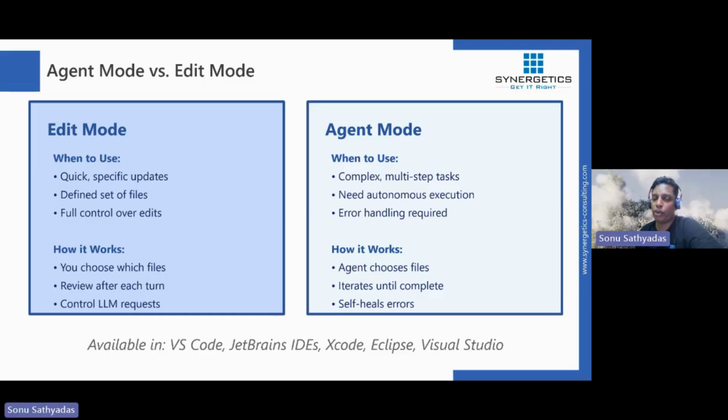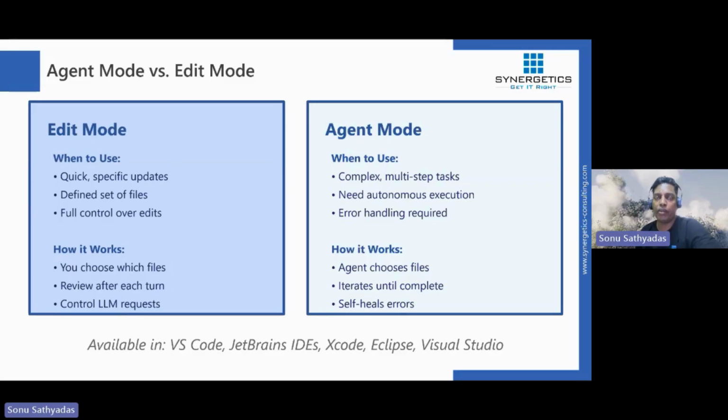But agent mode means it is able to go and perform complex operations. It may be a multi-step operation and it will automatically connect to the appropriate services to complete the operation.